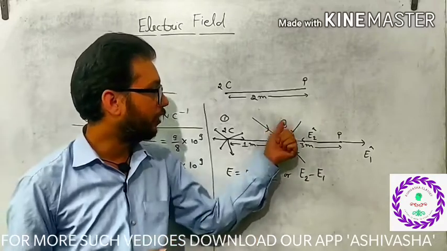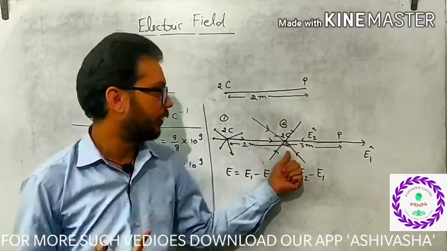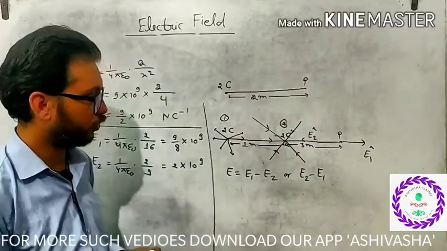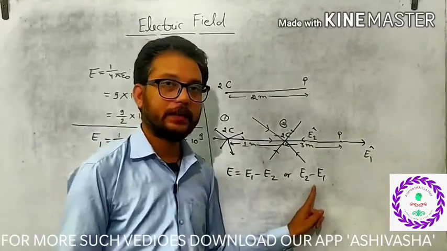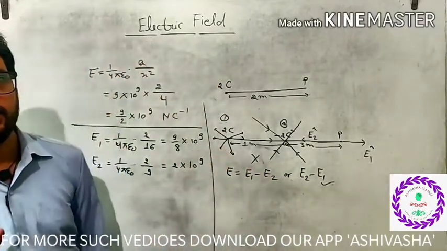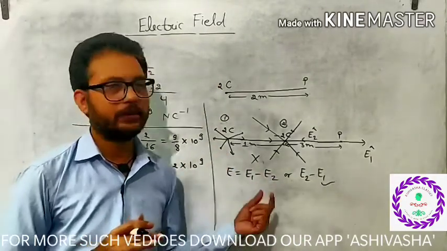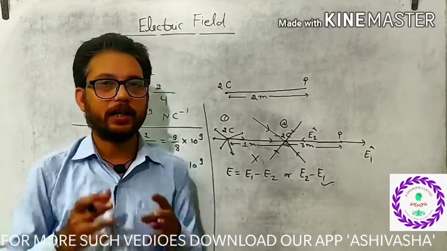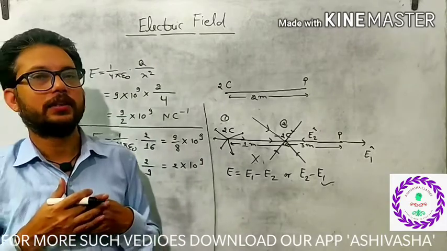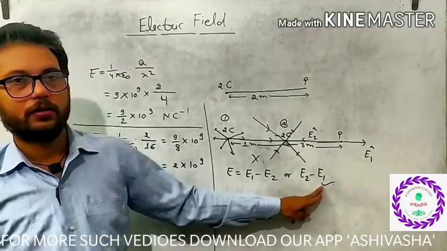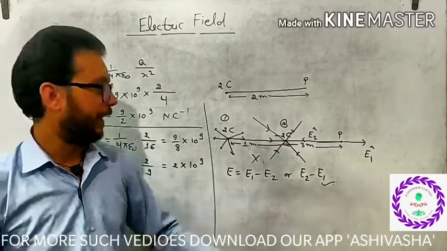It means the electric field of charge 2 will be greater and the electric field of charge 1 will be smaller. So we have to consider this expression, not this one. If we take this one, then we get a negative sign, which will indicate that whatever direction we are supposing, the actual is opposite of it. Now we will go further with this expression.